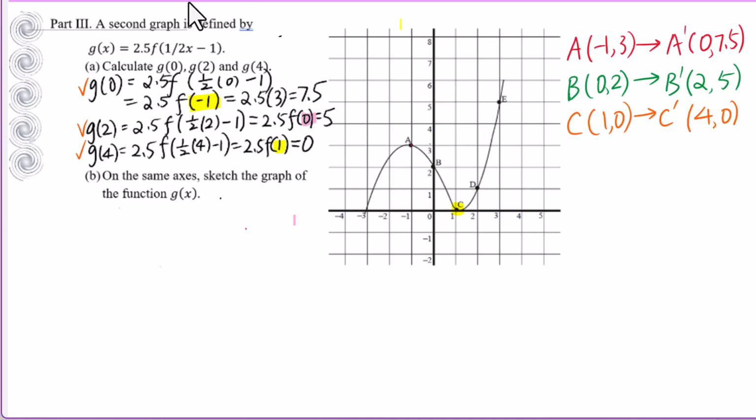Plot these points first. A prime, 0, 7.5. B prime, 2, 5. C prime, 4, 0.